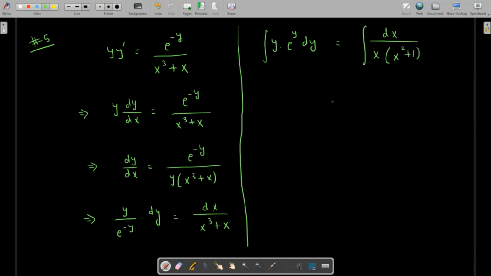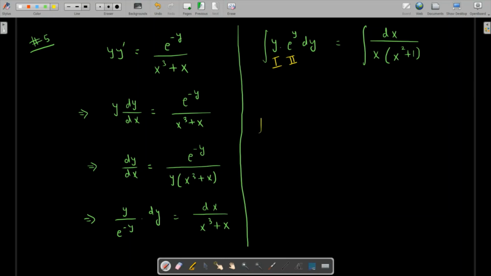All right, so this is not so easy to integrate, because on the left side we have to use integration by parts, and on the right side we have to do partial fractions. So on the left side, if we take this one as the first term and this one as the second term, the first term remains as is, so we are going to do it separately, in two parts.